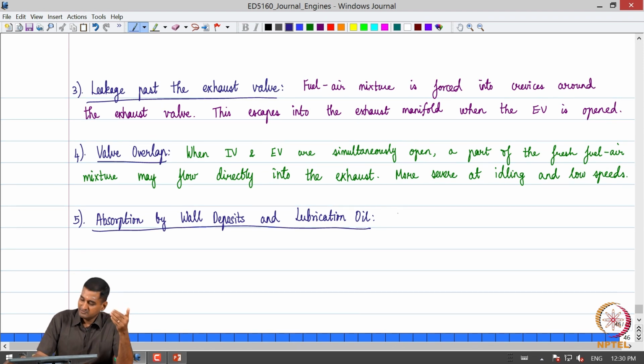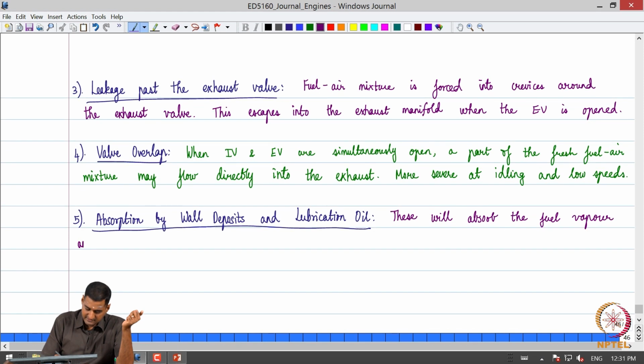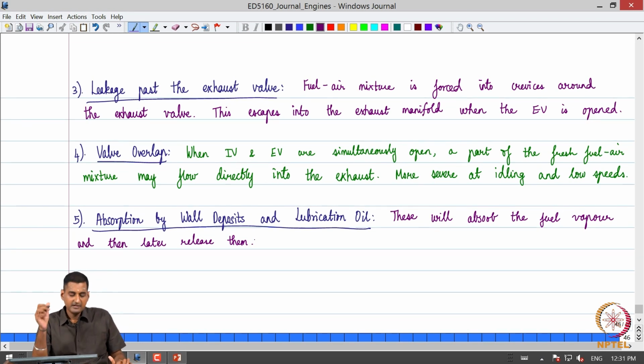Typically these absorb the fuel vapor during compression and combustion, and later release it.